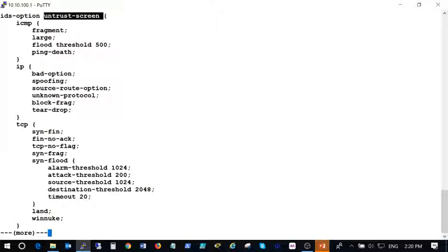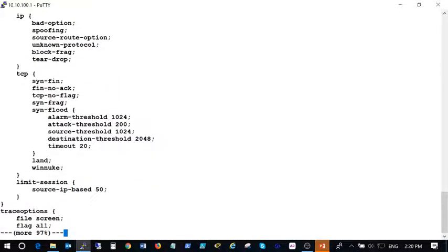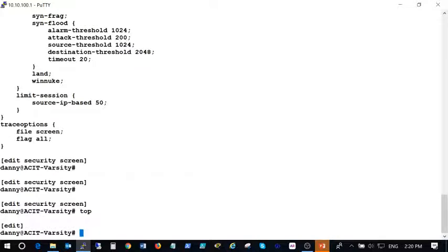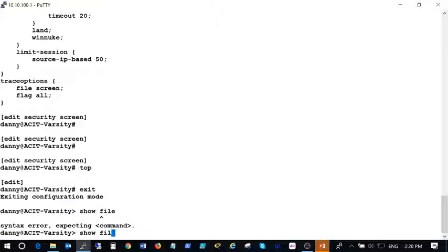And these are the configurations: we've got ICMP, IP, TCP, LAN, WinNuke, sessions, and trace options. If I was to look at my log file called screen, let's exit and do a show log screen.